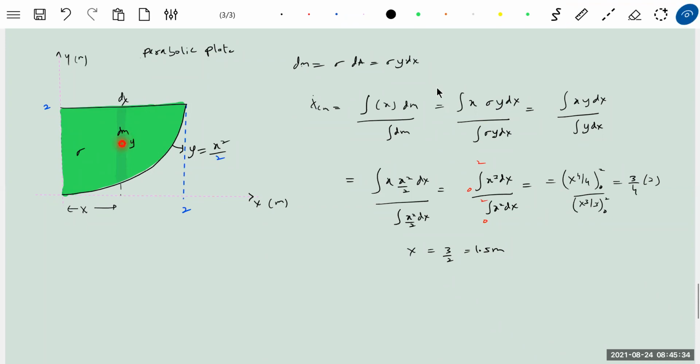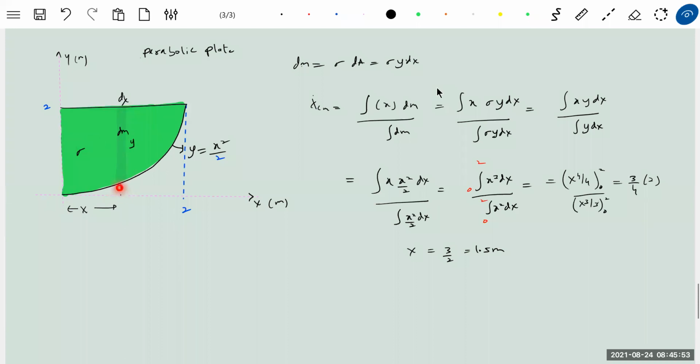Similarly, the y coordinate we can also find out. In that case you should write ycm is equal to y into dm, but here it should be y by 2. Again, you should define the length also, because here y is defined only for this length, so you should take half of that.